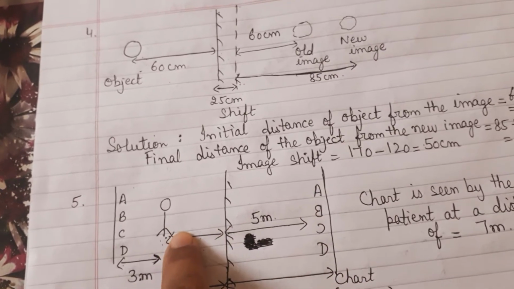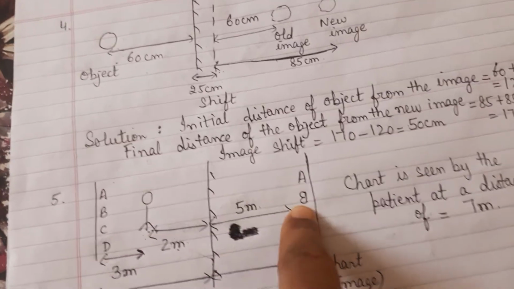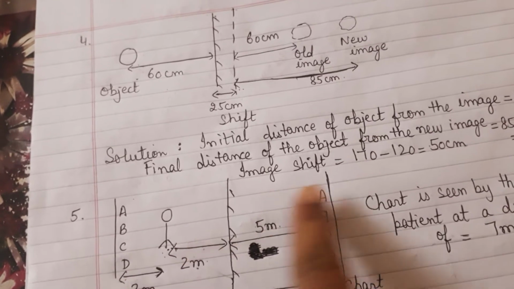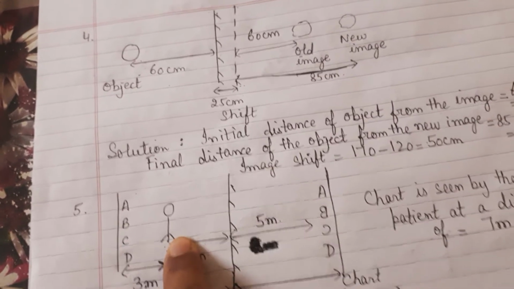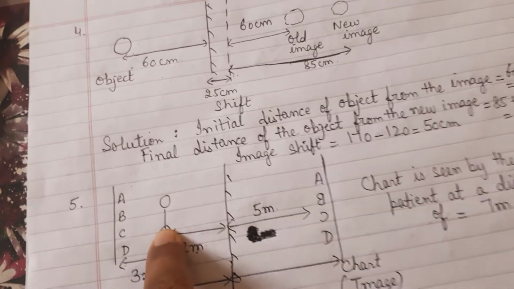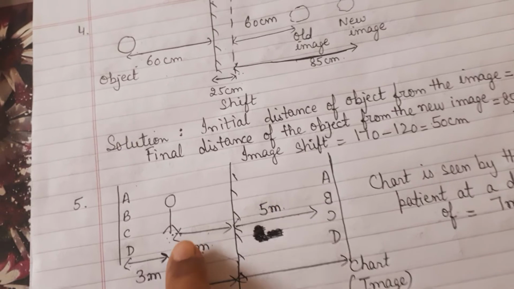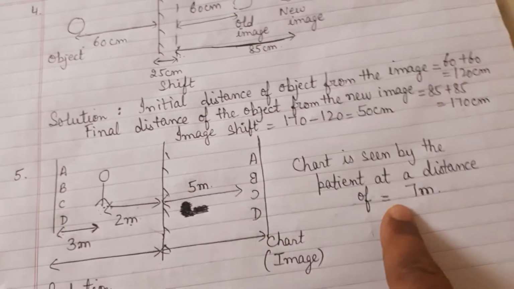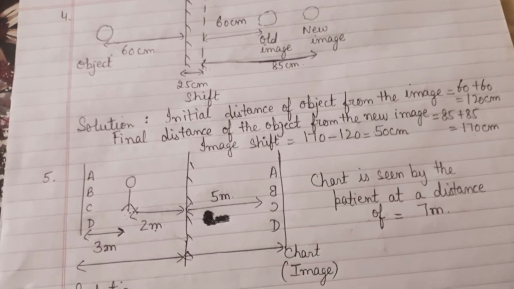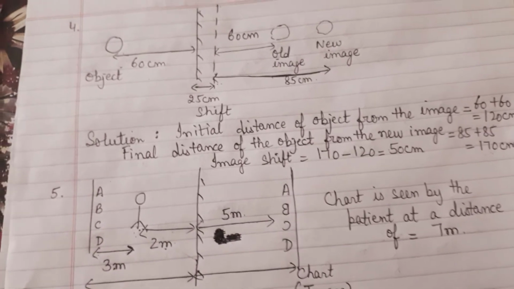So the distance between the patient and the image would be 5 plus 2, right? The distance between the image and the patient is being asked in the question. So that would be 5 plus 2, and that will work out to 7 meters. Okay children, so there were only 5 numericals in this exercise 7a.